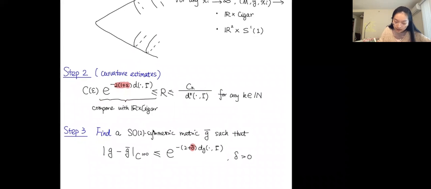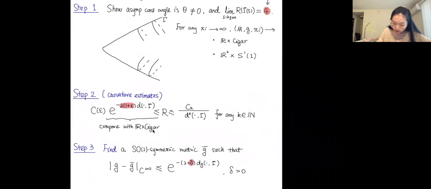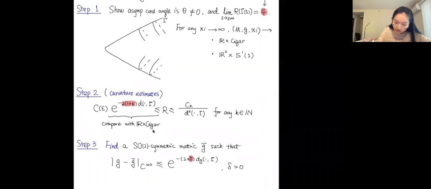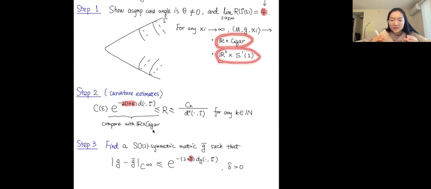All right, so the idea of this step, to construct an SO(2) symmetric metric satisfying this decay estimate, is that if we look at step 1, we know that there are two asymptotic models at infinity, R cross R and R^2 cross S^1. These two manifolds are both O(2) symmetric.